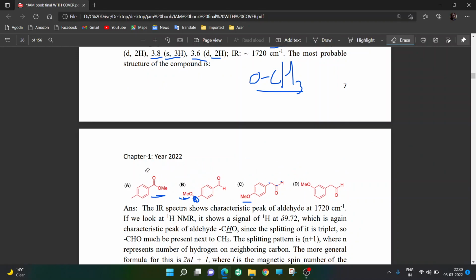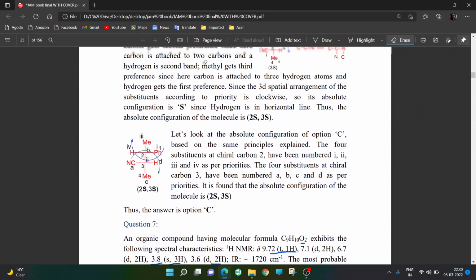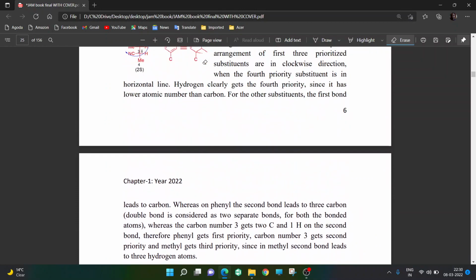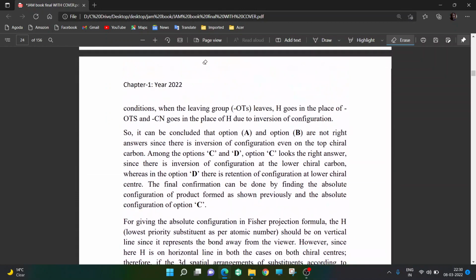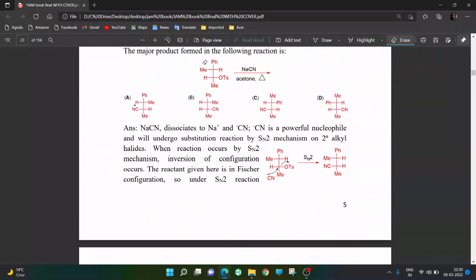Whatever I said, I have written here. I am sorry, I went quite fast with the previous question. I will go very slowly so that you can read whatever I have written. Please pause it and read it if you are not able to read fast. So I will go slowly.